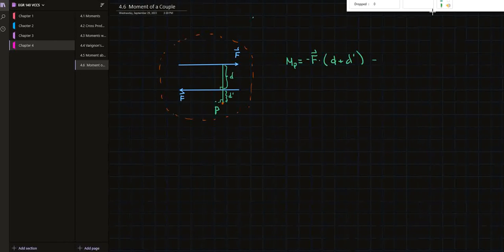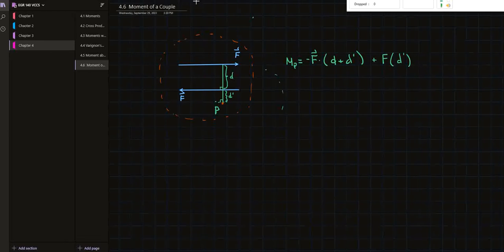You have minus the top force because it's going clockwise, and then this bottom force here is going counterclockwise, so we're going to add it, and it's force times d prime.